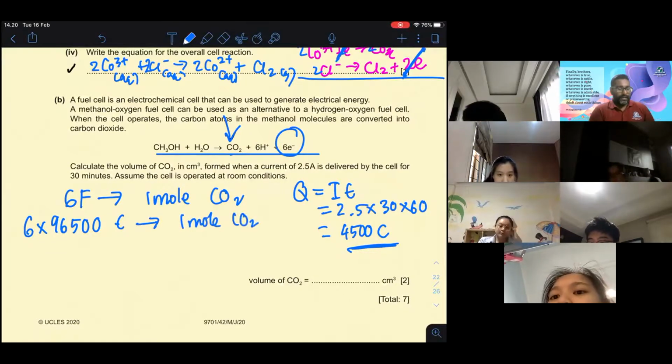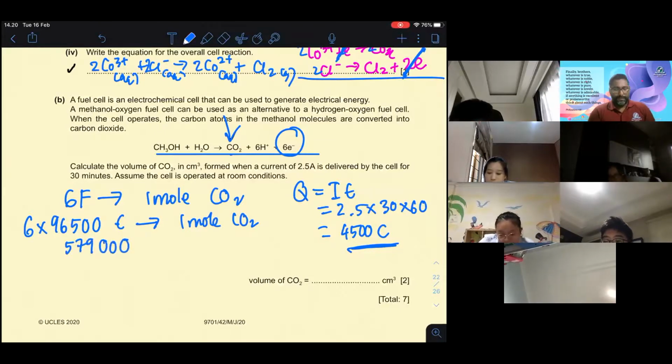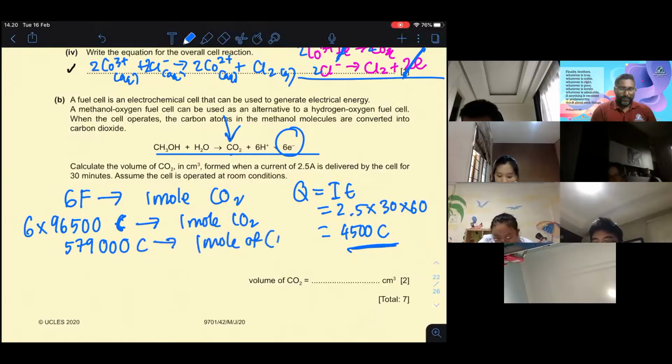When I calculate 6 times 96500, I'm going to get 579,000 coulombs for 1 mole of CO2.